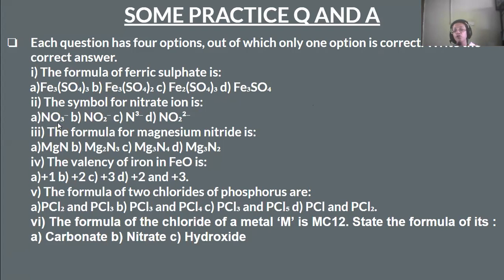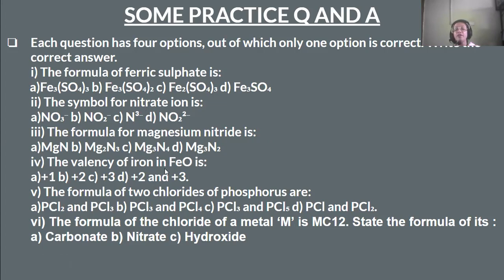The options are NO3 minus, NO2 minus, N3 minus, NO2 2 minus. So these are the ions, which one best suits the nitrate ion? Then the formula of magnesium nitride is what? MgN, Mg2N3, Mg3N4, or Mg3N2.